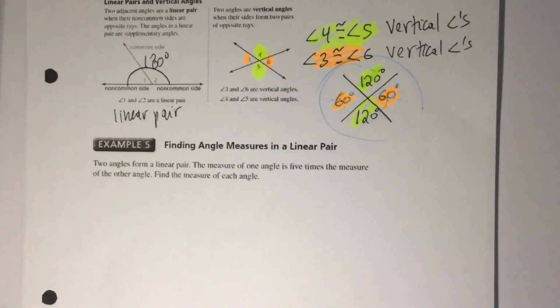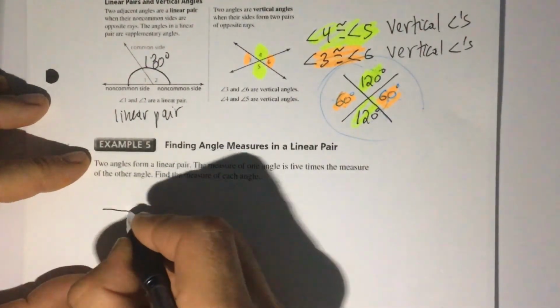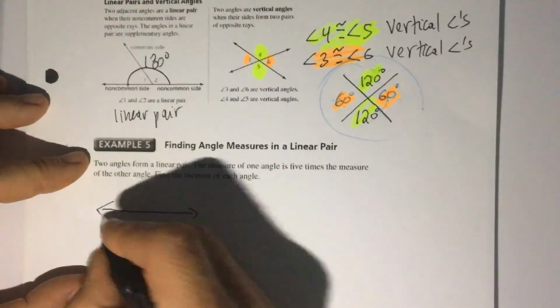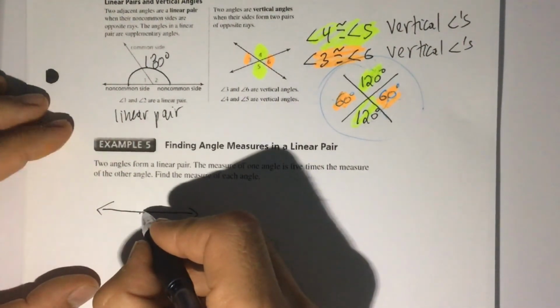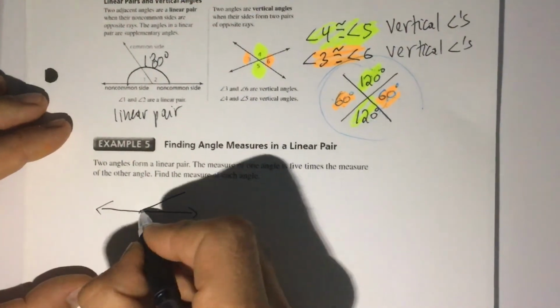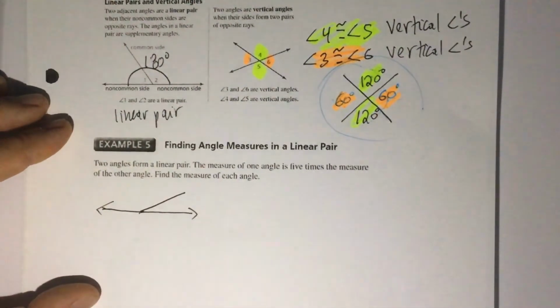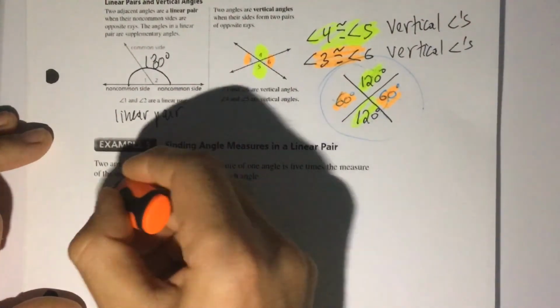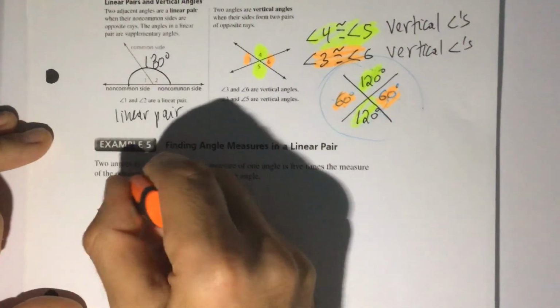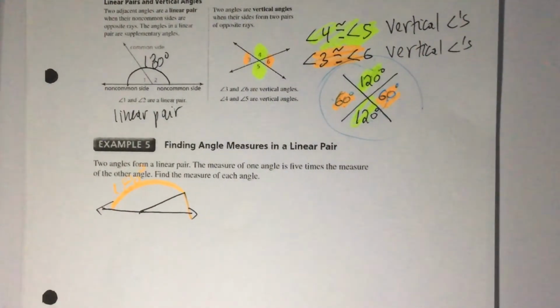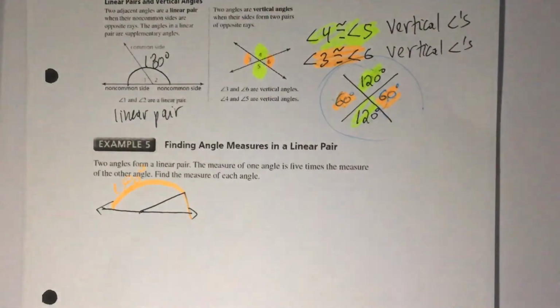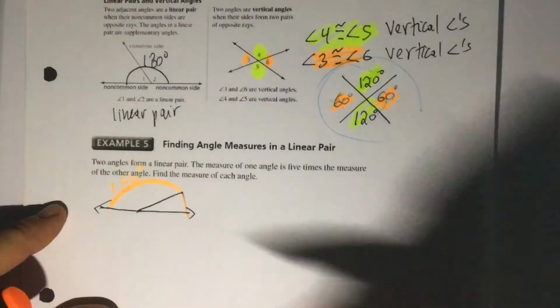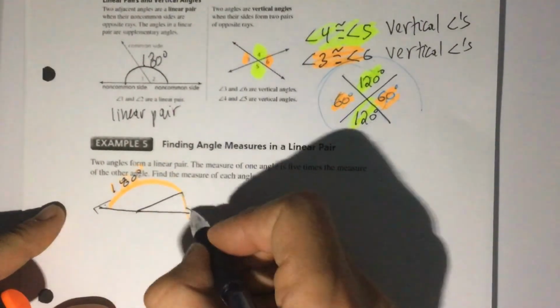All right. So again, I've got to draw a linear pair. We know that one is 5 times bigger than the other one. A linear pair, guys, remember, is a straight line. So I know that all of this is going to be 180 degrees, all the orange, from here to there.